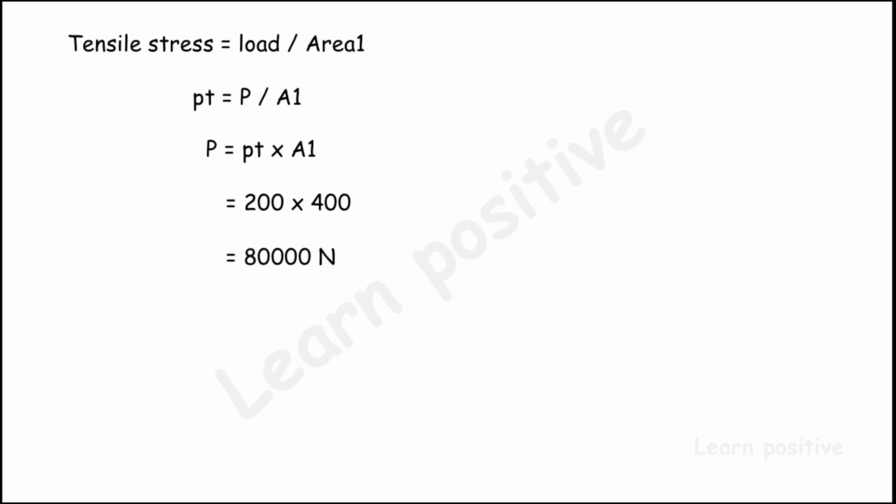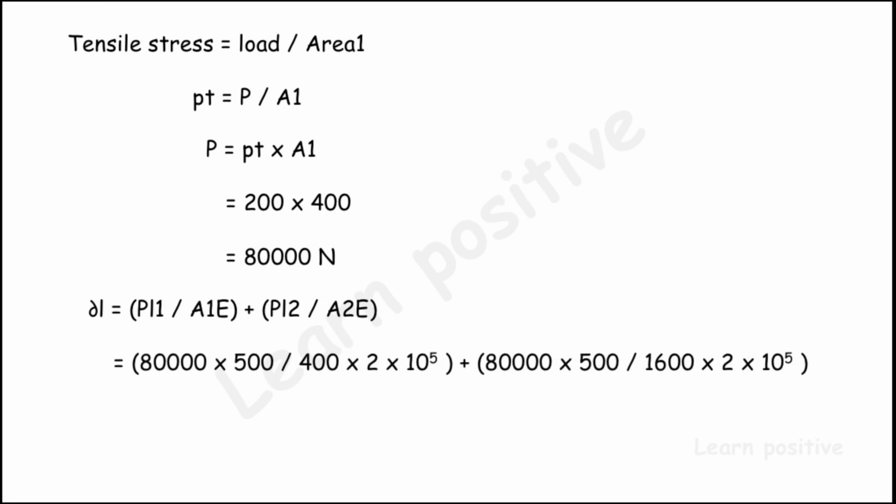Now I am going to substitute the value of load in the formula. Del L equal to PL1 by A1E plus PL2 by A2E. The load is 80,000 into L1 is 500 divided by A1 is 400 into Young's modulus 2 into 10 to the power of 5, plus the load 80,000 into L2 is 500 divided by A2 is 1600 into Young's modulus 2 into 10 to the power of 5.